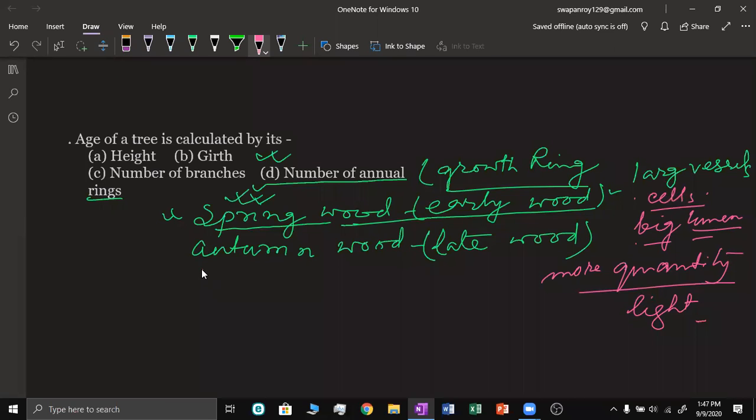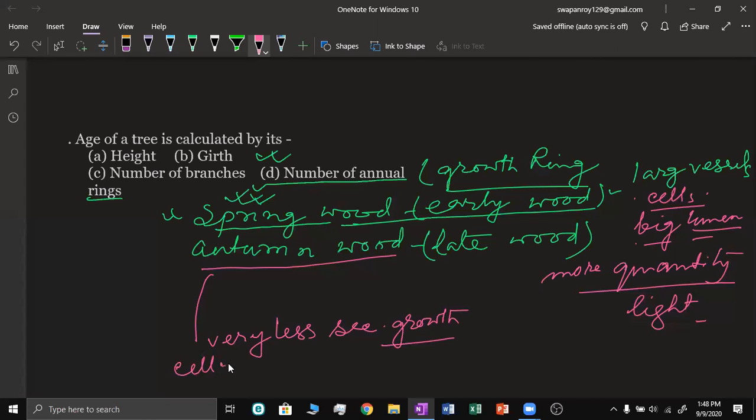But when the unfavorable time comes, that is the autumn, winter, this one is unfavorable. So during this period, the secondary growth is very less, and cells are small cells, and quantity less.